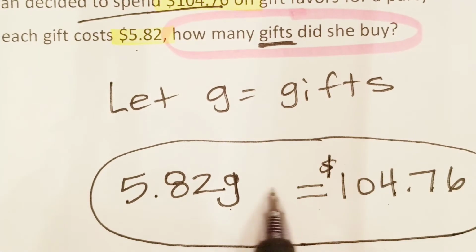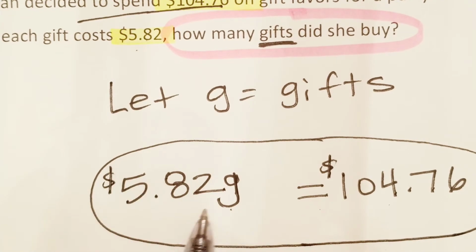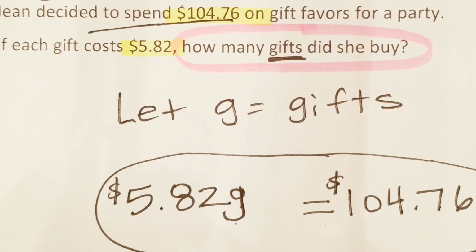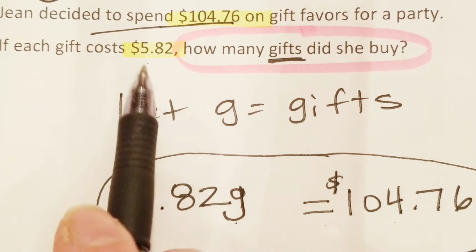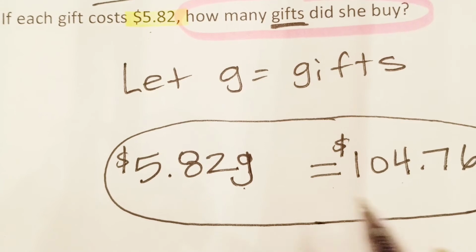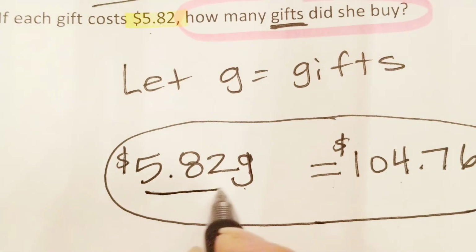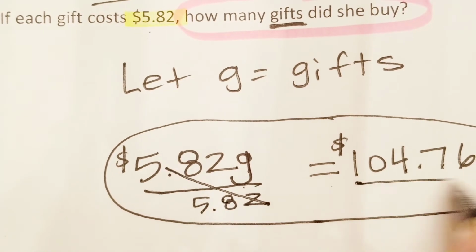You don't have to leave this big space there. It's just 5.82 times G equals 104.76. Some of you may be thinking, why can't I just divide 104.76 by 5.82? And you can do that too. So it's just a different equation with the same answer. As you remember, to get G by itself, you divide both sides by 5.82.